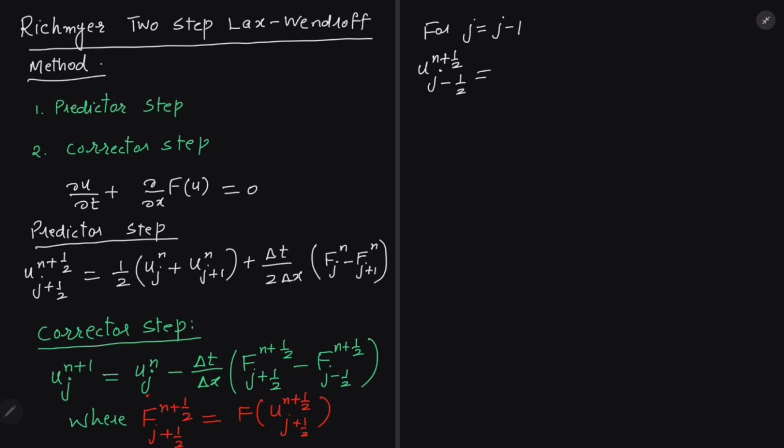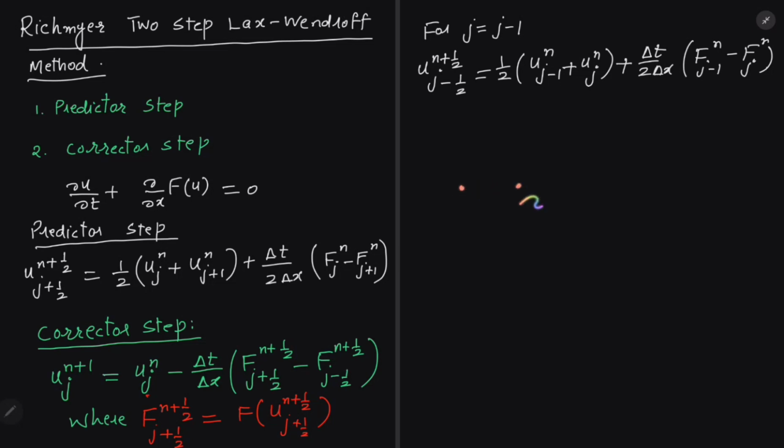Since the time level remains the same, we want to calculate both the fluxes at this time level, n plus 1/2. So we have 1 by 2 times u n j minus 1 plus u n j, plus delta t by 2 delta x times f n j minus 1 minus f n j. So that will be the flux at j minus 1/2.